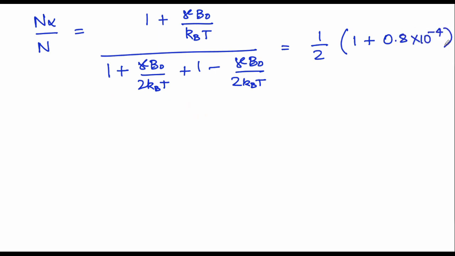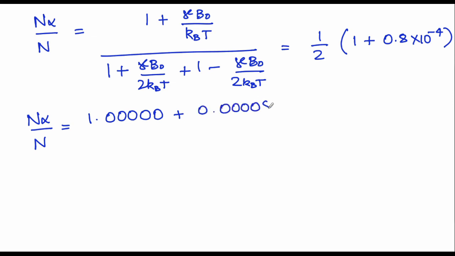So therefore, the population in N alpha with respect to the total population is going to be 1.00000 plus 0.00008 divided by 2. This is going to be equal to 1.00008 divided by 2.